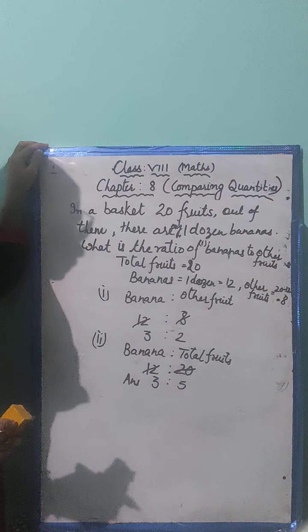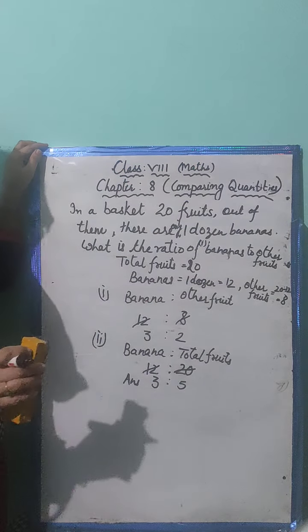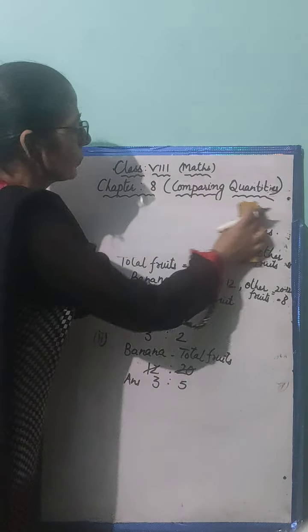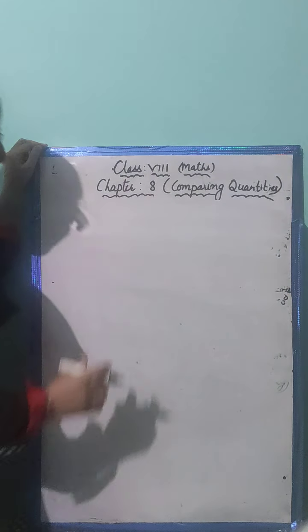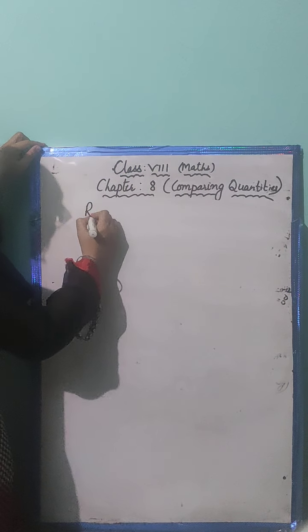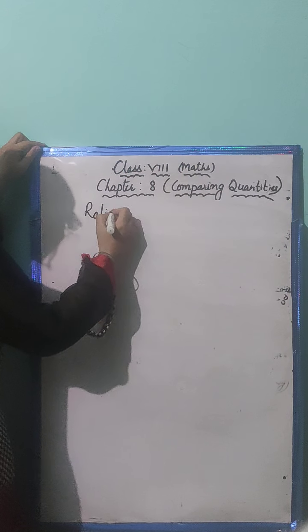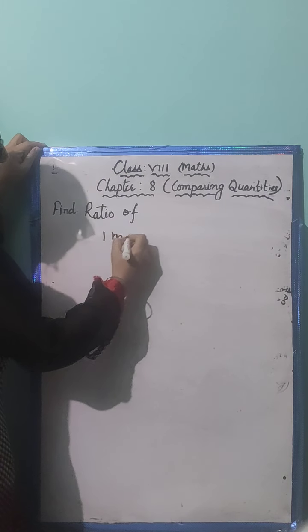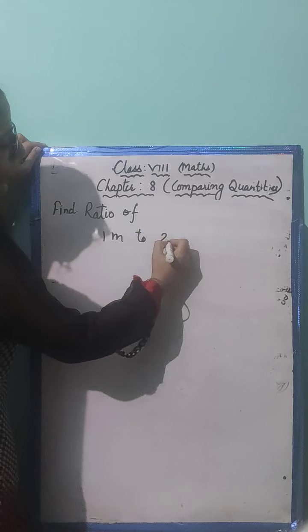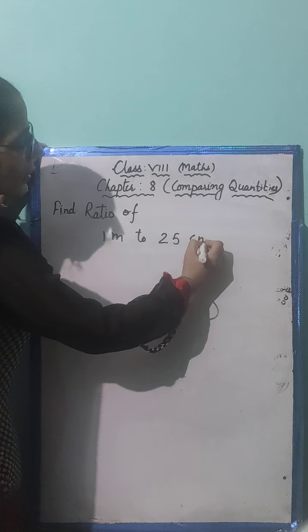things should be in the same units. For example, if I have to take the ratio of one meter to 25 centimeter.